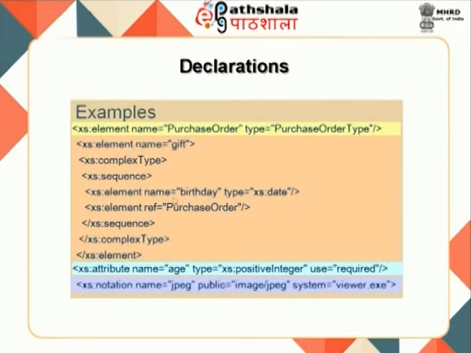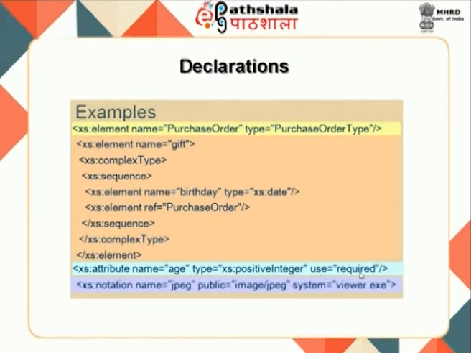This is a simple example of declaration. Here you can see the element purchase order, you give the type as purchase order type, and you give another element as gift. It is a complex type. Within the gift you have birthday and then the element which refers to another type called purchase order, and here is where you have defined an attribute.